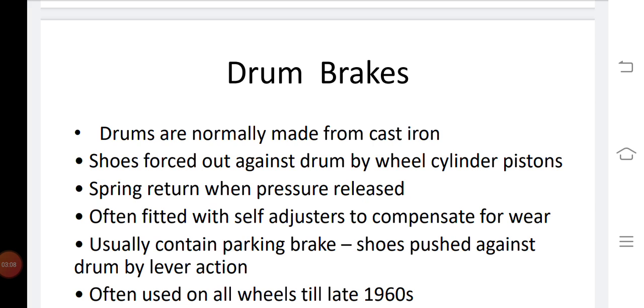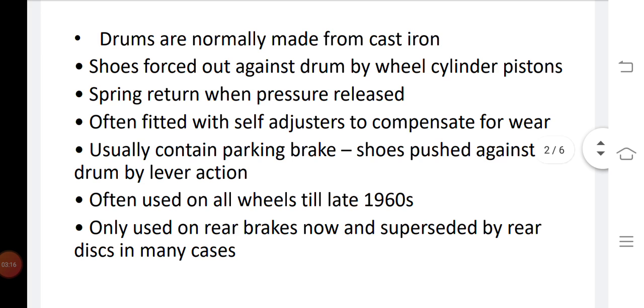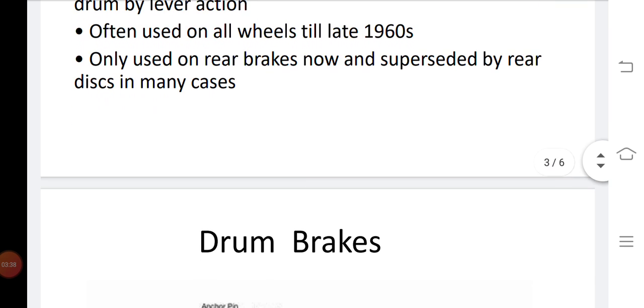Usually it also contains a parking brake, where the shoes are pushed against the drum by lever action. Drum brakes were introduced in the 1960s and used on all wheels, but are now only used on rear brakes, and in many cases are superseded by rear discs.